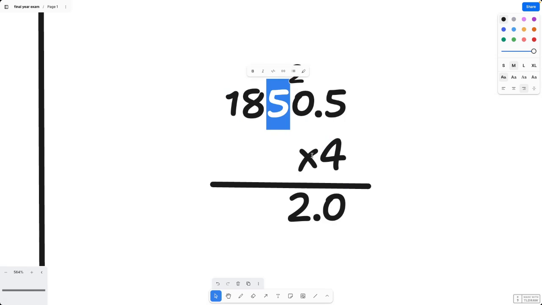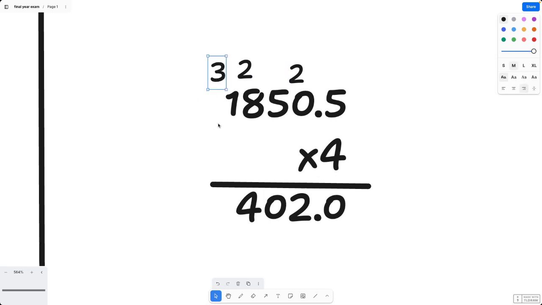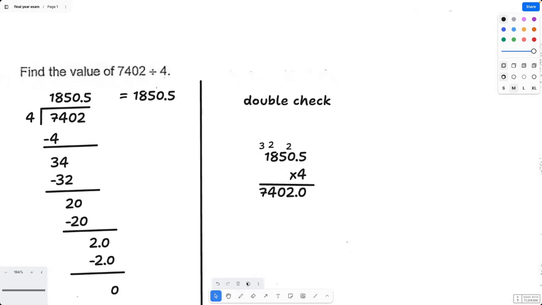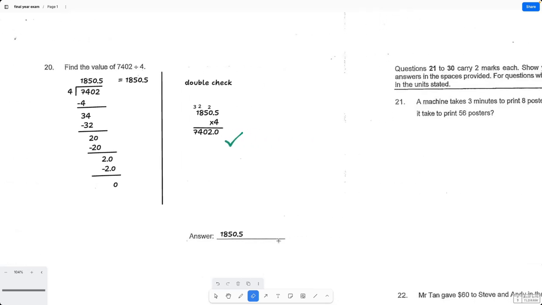The next one, 5 times 4 is 20, 0, then we put 2 again. 8 times 4 is 32, plus 2 is 34, so we put 4 and then 3 over here. 1 times 4 is 4 plus 3 is 7. So final answer 7402. That means this is correct. Very good. Always double check your answers. The answer is 1850.5.